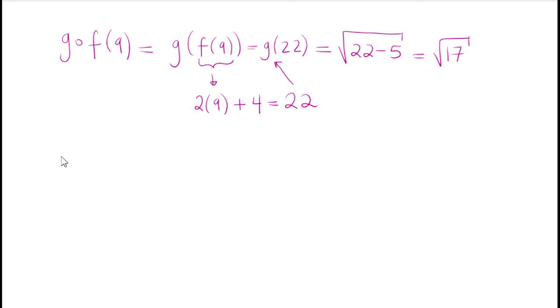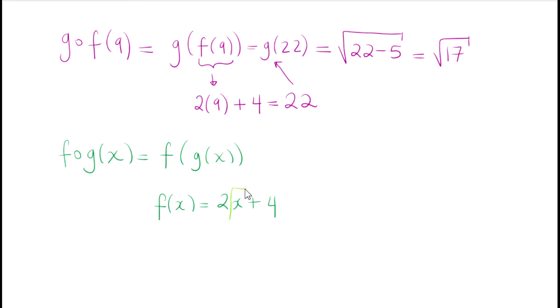Now we can further go through this same example with the composition in general, like what is f composed with g of x. So in f, you insert the function g instead of x. The function f of x was, remember, 2x plus 4. Now you will take this x out, and instead of x, you will insert g.